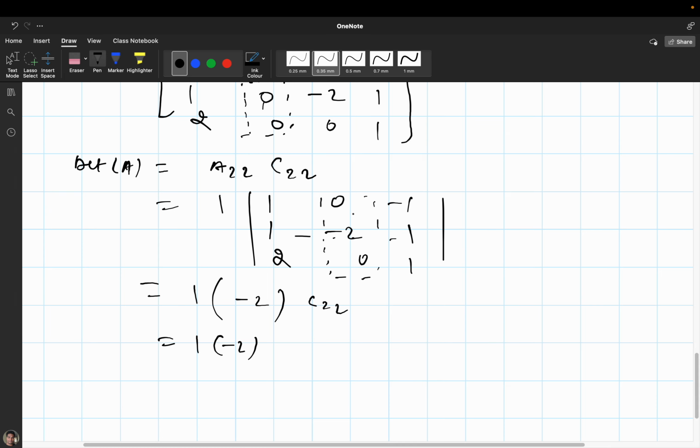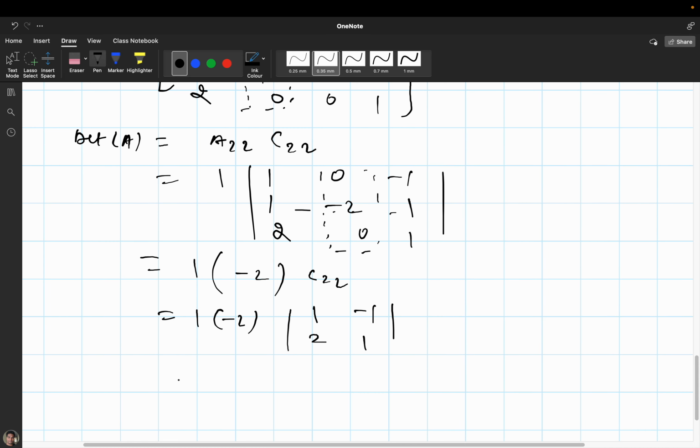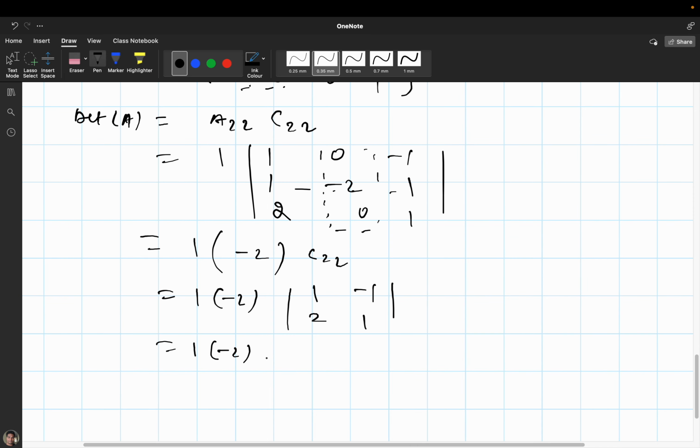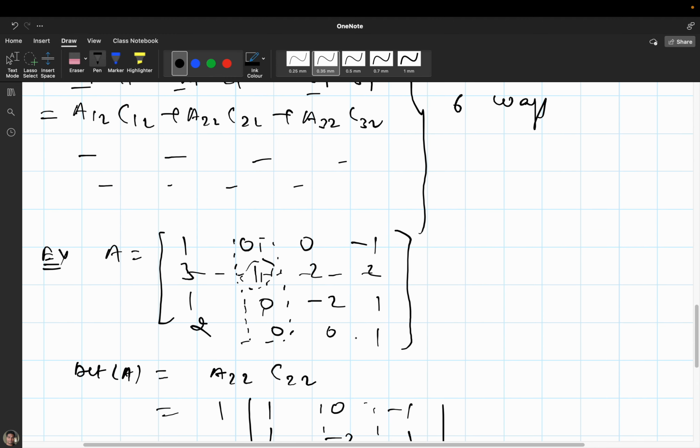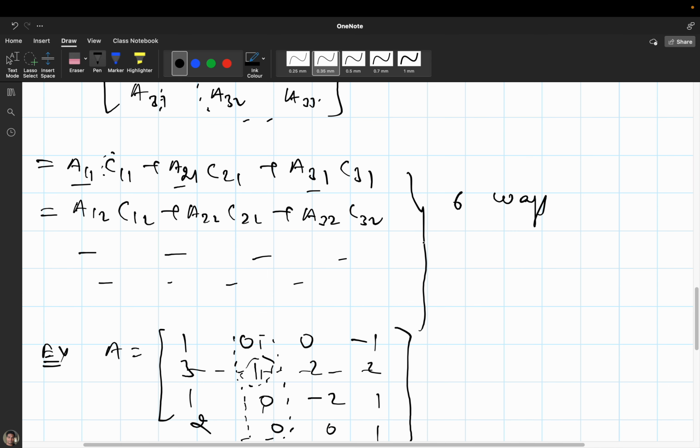Just ignore this row and column, so that will be the determinant of 1 minus 1, 2 and 1, which is 1 minus 2. Multiply this by 1 and by minus 2, that will be nothing but minus 6. So that is the way to determine the determinant of A using this. Are you guys with me?